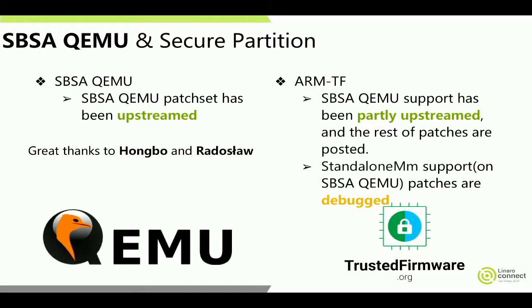Normally BL1, BL2, BL31, BL33, just BL31, is several KB. But if you add the standalone MM, it becomes very large, so I met some size problems when testing it. We are trying to figure it out and fix it.